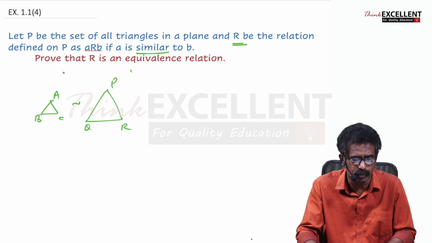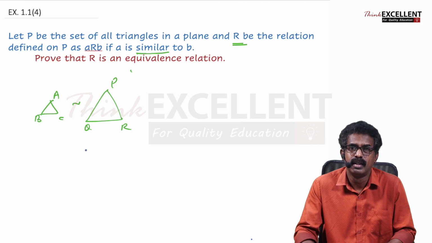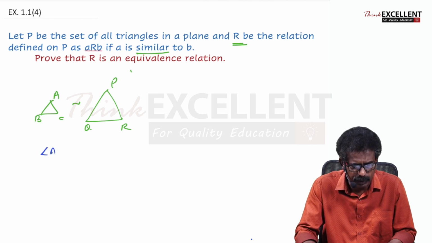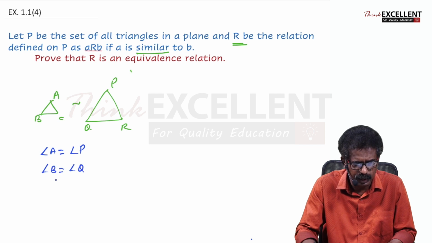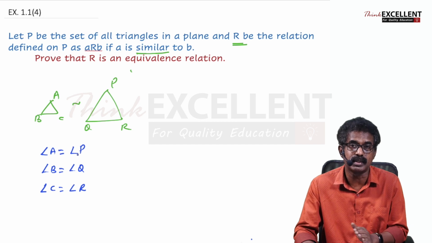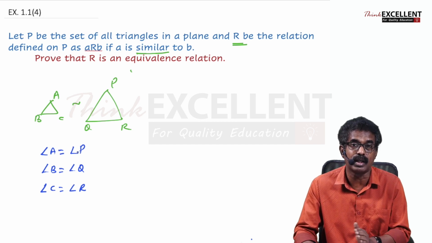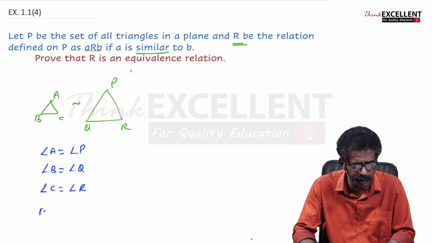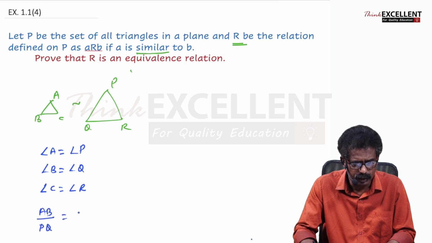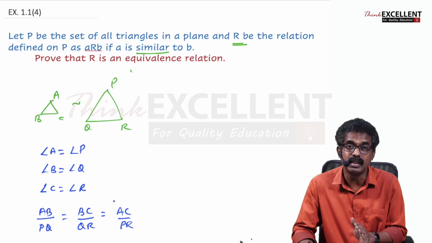Then the corresponding angles are equal: angle A equals angle P, angle B equals angle Q, angle C equals angle R. Corresponding angles are equal, but the sides are not equal, they are only proportional. That is AB by PQ equals BC by QR equals AC by PR. This is what you can say in similar.